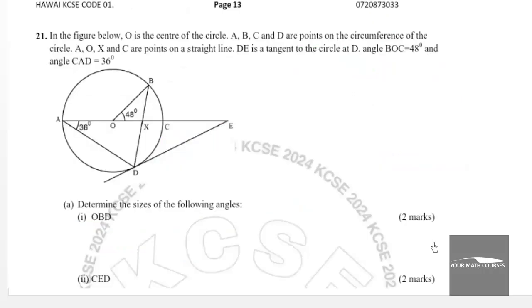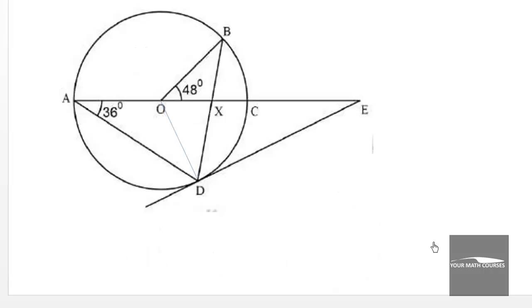Now let's look at part II, angle CED. To find angle CED, the angle here, you remember that this angle will be 90 degrees because ED was given as a tangent.